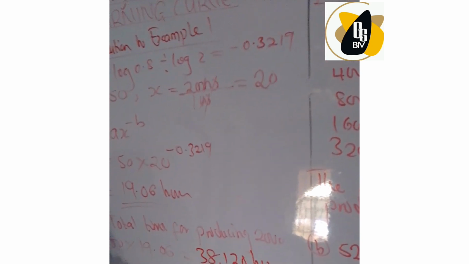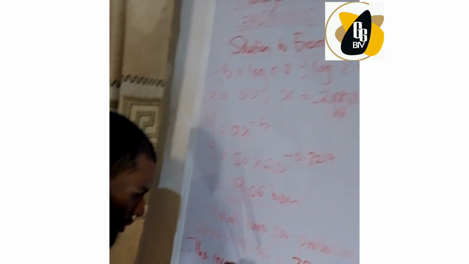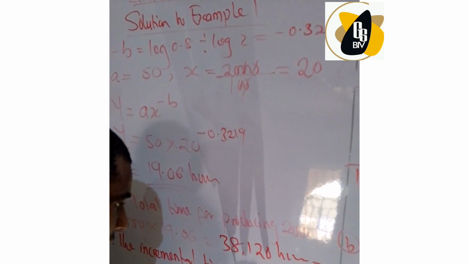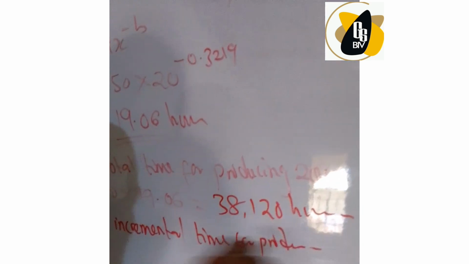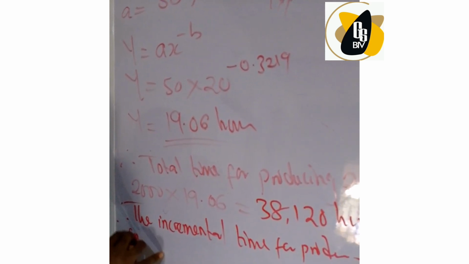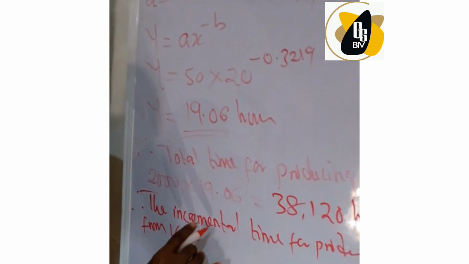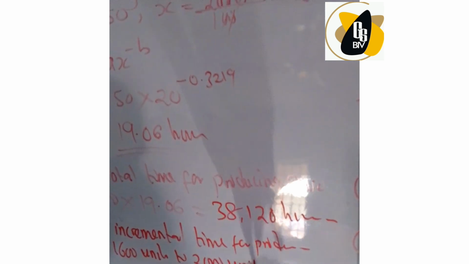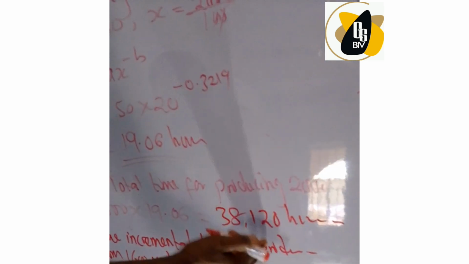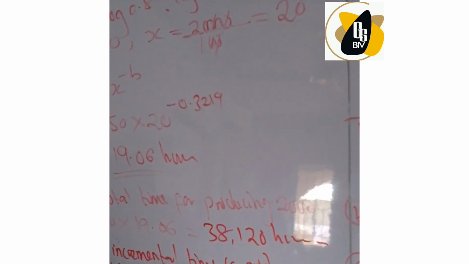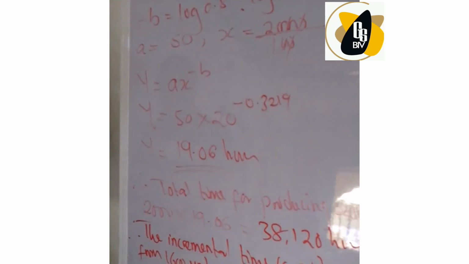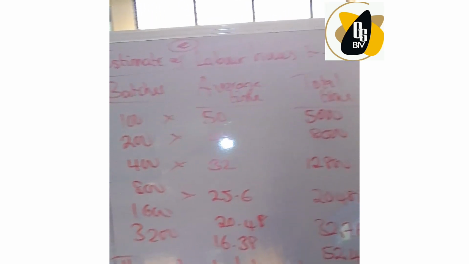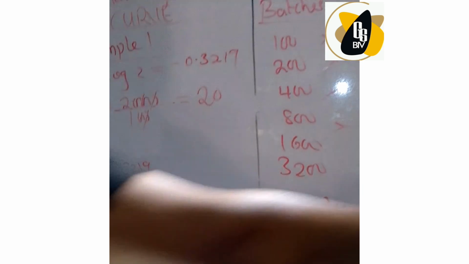Therefore, the incremental time for producing from 1600 units to 2000 units is the total time for producing 2000 units, which is 38,120, minus the total time for producing 1600 units, which is 32,768.